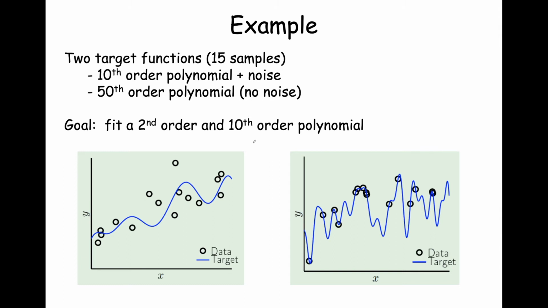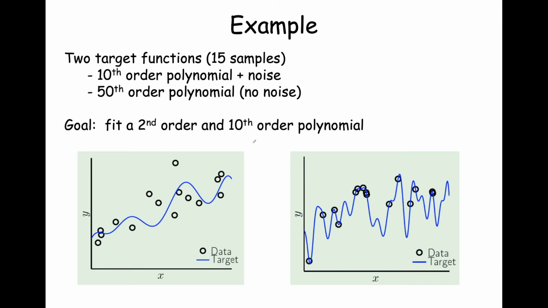So the goal then is to fit two different hypotheses to these two different target functions from which we are sampling 15 samples. We're going to fit a second order polynomial, and we're going to fit a 10th order polynomial. Here we have our noisy data. That's going to be our 10th order polynomial, and we're going to add noise to it.